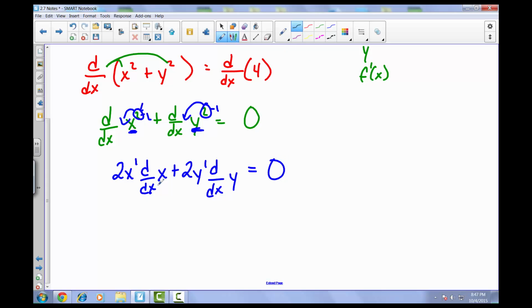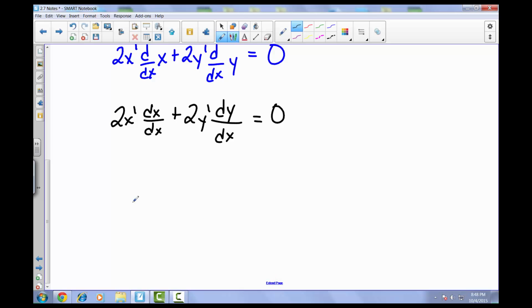Now, simplifying this a little bit, we see that we have 2x to the first times the derivative of x with respect to x, so that would be dx over dx, plus 2y to the first power. Same thing is happening here: the derivative of y, in other words dy with respect to x, so dx. And that's equal to 0 still.